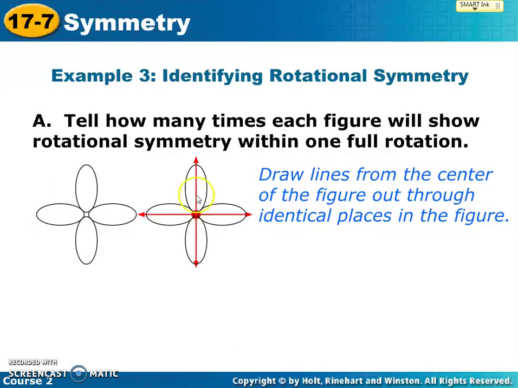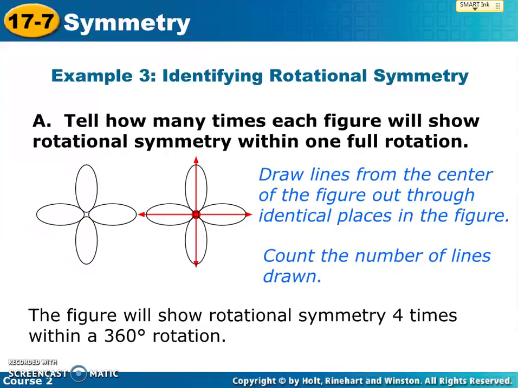So we're going to draw it out, draw it out, draw it out, and draw it out. And those would be all symmetrical there. And when we do that, we're going to count up the number of lines that we drew. That happened to be 4. So the figure will show rotational symmetry 4 times within a 360-degree rotation.